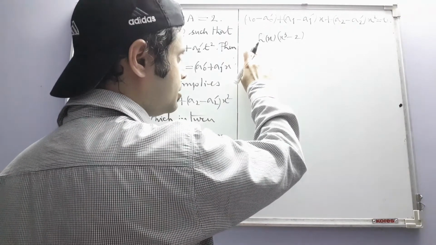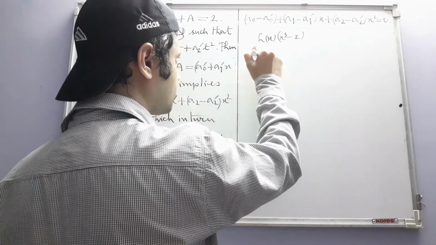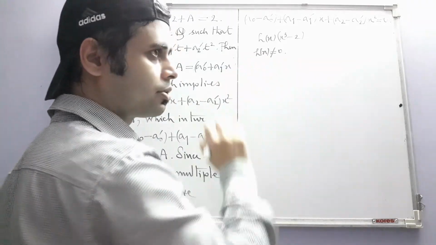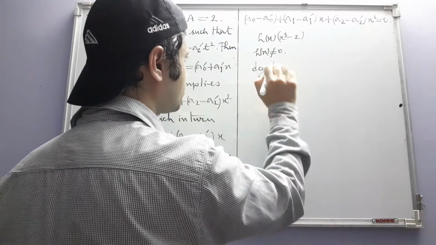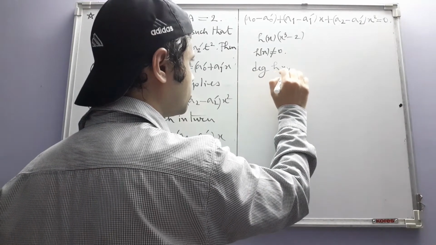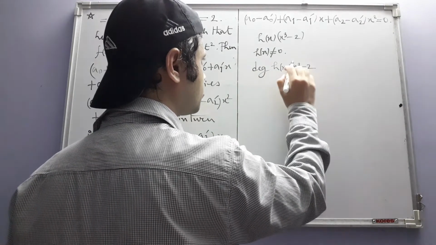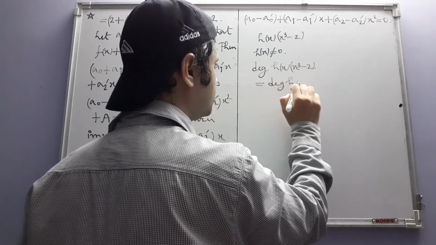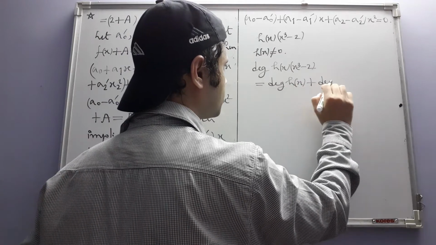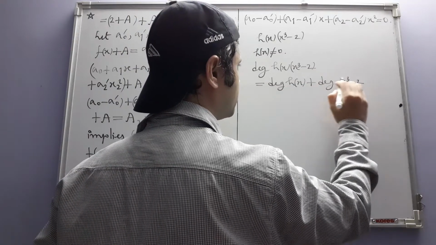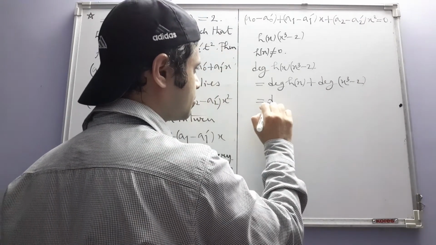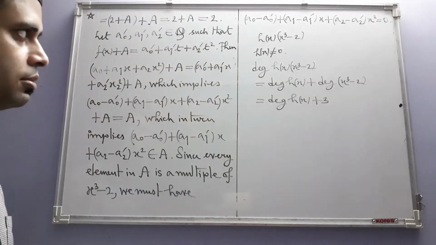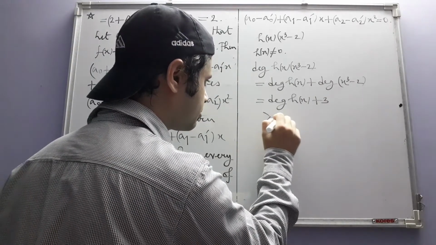If h(x) is non-zero, then what will the degree of this product be? The degree of this product will be equal to the degree of h(x) plus the degree of x cube minus 2. That means degree of h(x) plus 3. So the degree will be greater than or equal to 3.